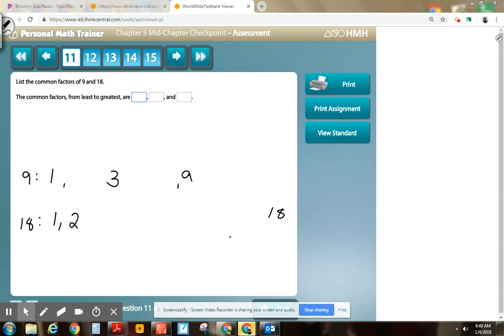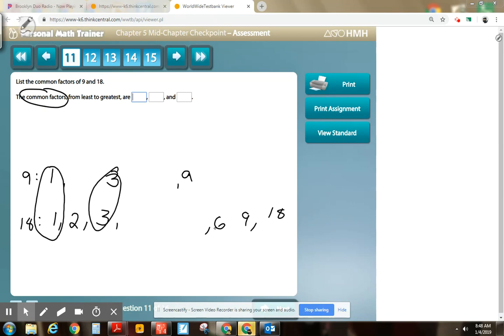So 2 times 9. 3 times 6 is 18. 4 times 5 is 20, so no. 4 times 4 is 16, no. How about 5? No. So I'm done here. Now it wants to know the common factors. So we have 1 in common, we have 3 in common, and then we have 9 in common. So the common factors for 9 and 18 are 1, 3, and 9.